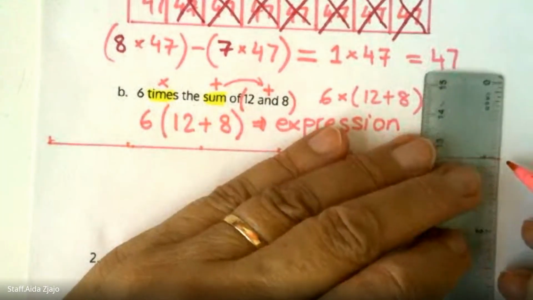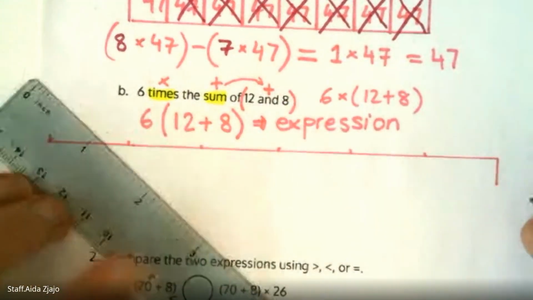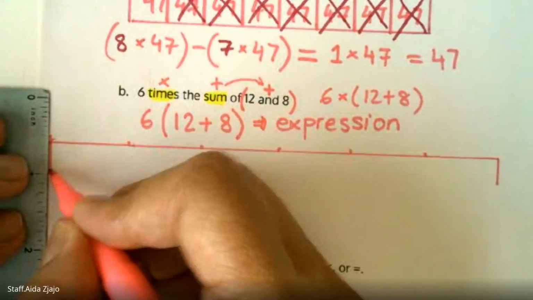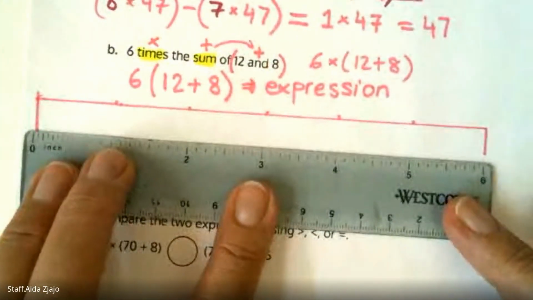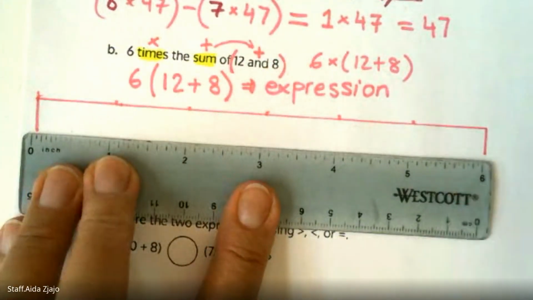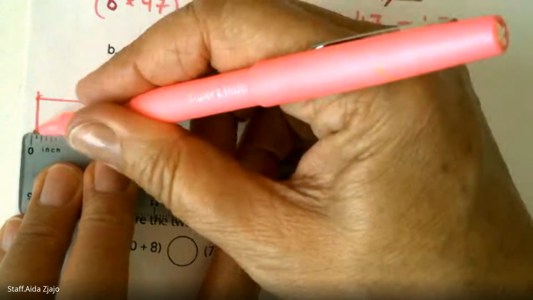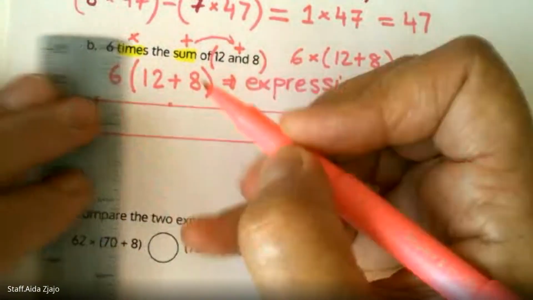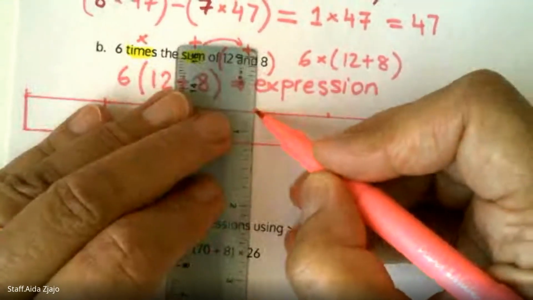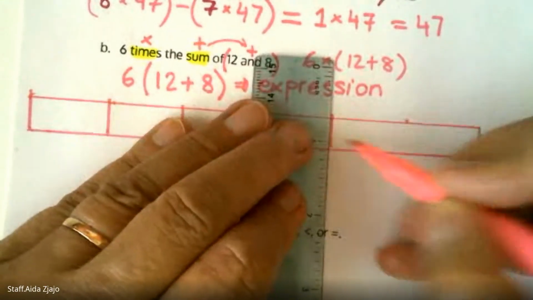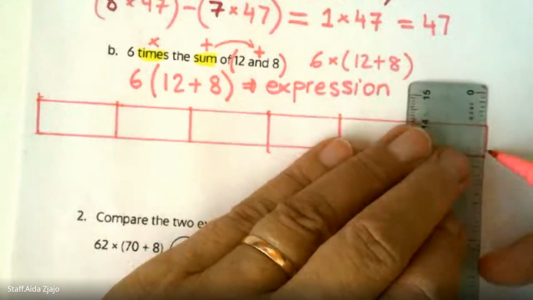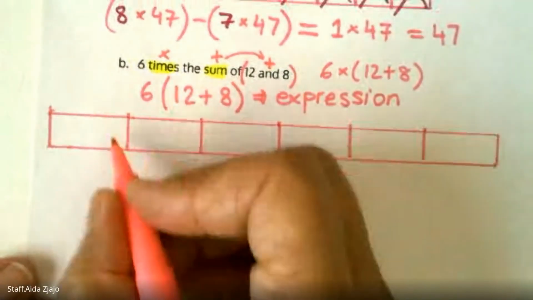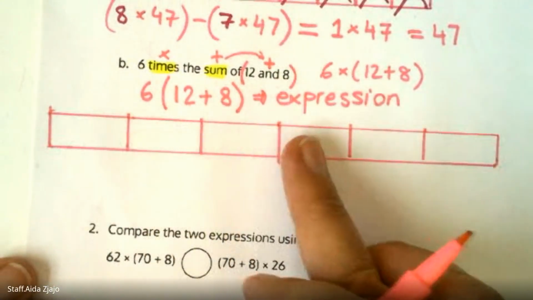Got that? I'll make it smaller, which would be 6 groups of 12 plus 8. That's what this is. You will see it's going to be very easy. So 6 groups: 1, 2, 3, 4, 5, 6.